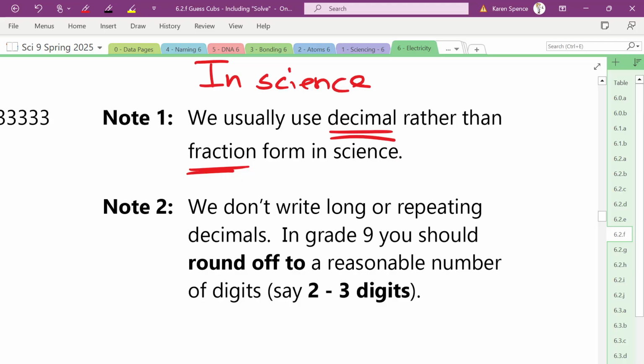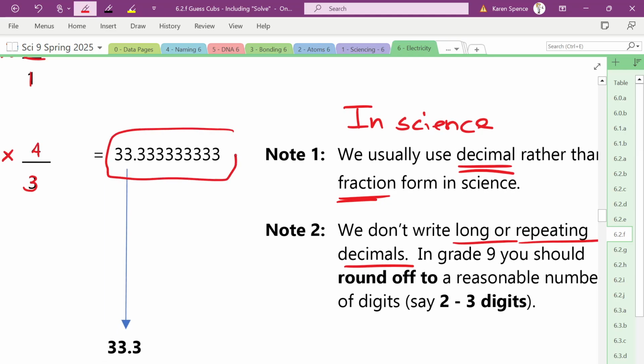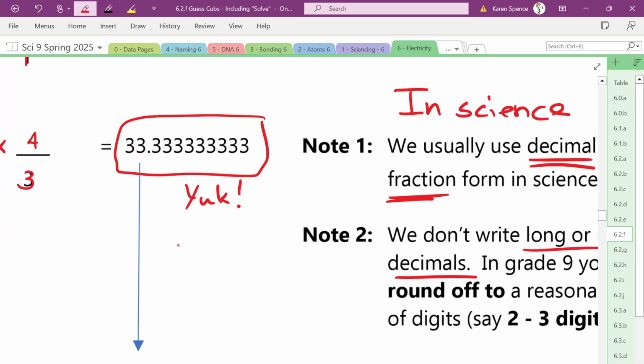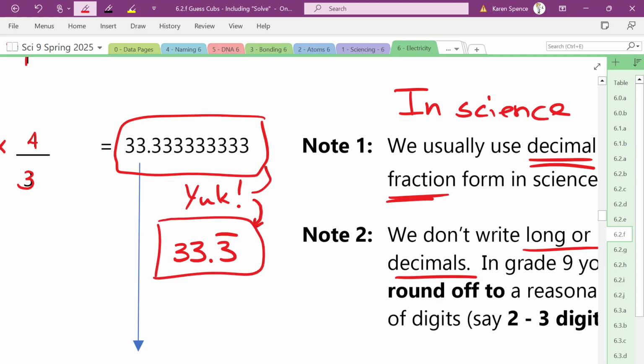The other thing is we do not write long or repeating decimals. Okay, so I don't want to see this. This is ugly. Yuck. Okay? I also don't want to see 33.3 repeater because, again, that is ugly. Yuck. Because we're working our way up to saying which of these digits are actually meaningful.